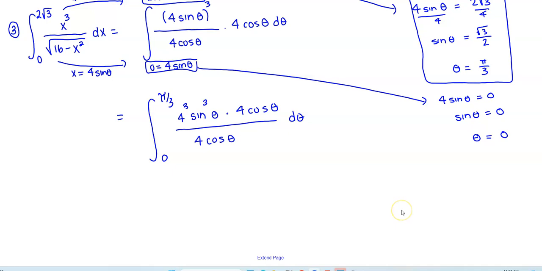Well, that tells us that we can now simplify 4 times the cosine of theta over the 4 times the cosine of theta. And then we can factor out the 4 cubed, going from 0 to pi over 3. And then we have the sine cubed theta d theta.